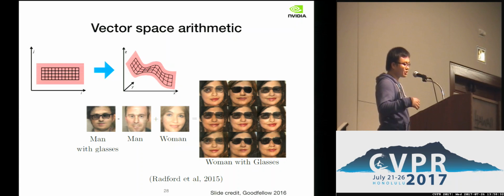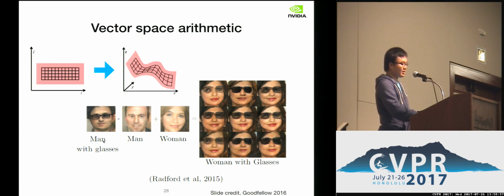It also allows us to do vector space arithmetic. Say you have an image of a man with glasses. You can find the latent code z. For a man image without glasses, you can also find a latent code z. And for a woman image, you can find a latent code z.